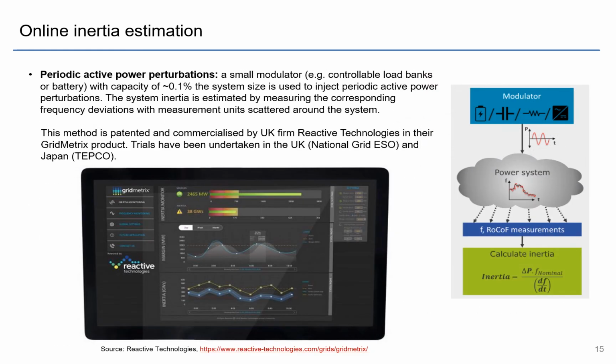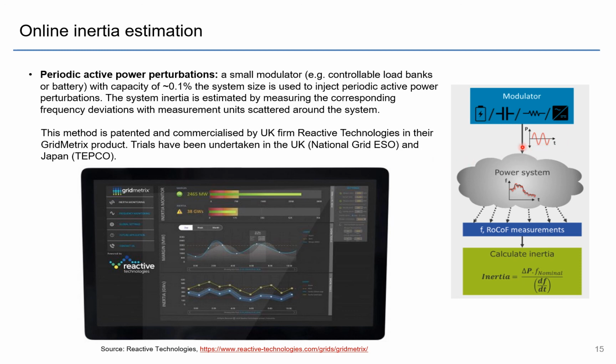Our final method for online inertia estimation, which is quite an innovative method, is to inject small but periodic active power perturbations into the system and then measure the corresponding frequency deviations with the PMUs all over the system.